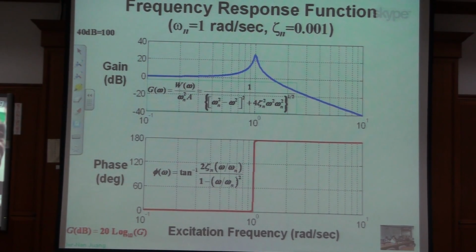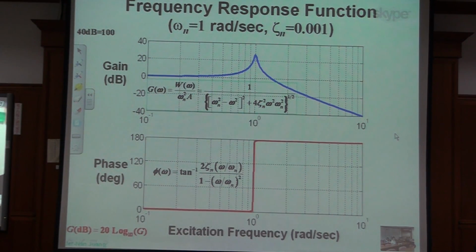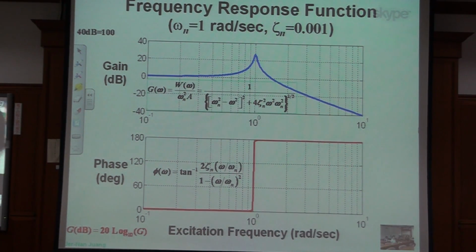But when my input frequency is going up and up and up again, my gain is going down and down and down again. When my input frequency is much higher than my system frequency, my gain, in terms of dB, will become negative.